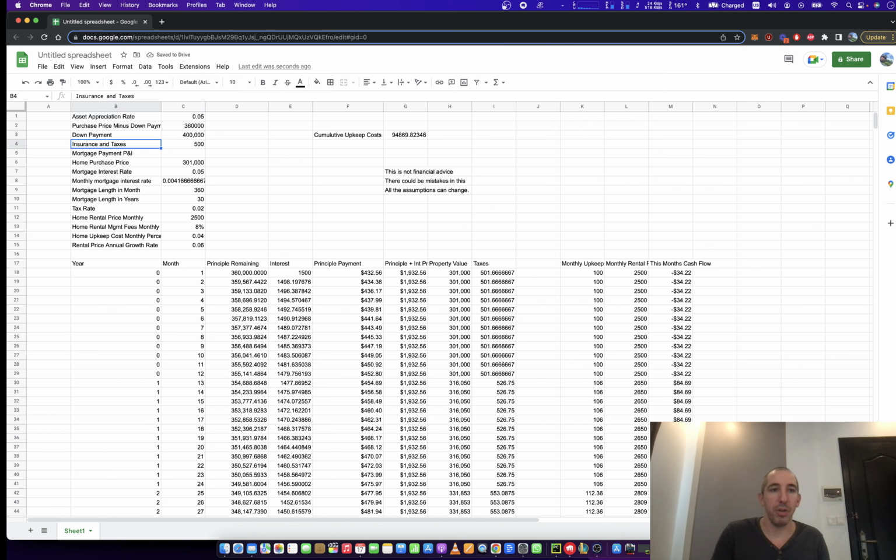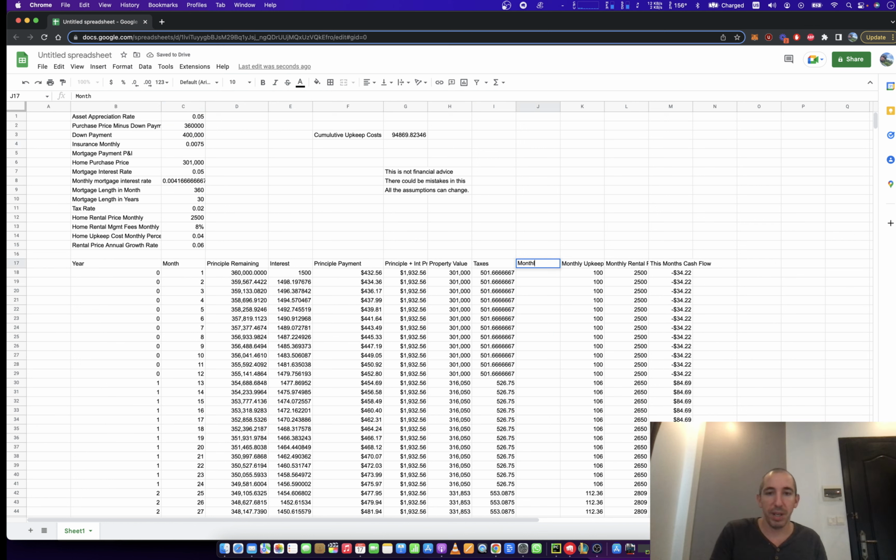We can just make this insurance monthly, and it's going to be something like, on a $400,000 home, I would say annually, I don't even know, like 0.075% of the property value annually.